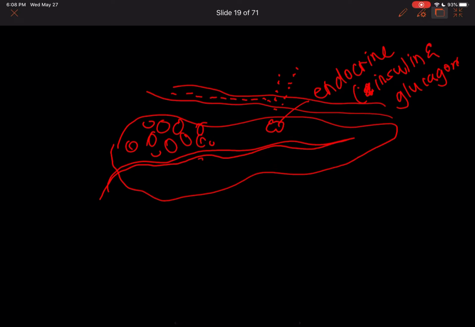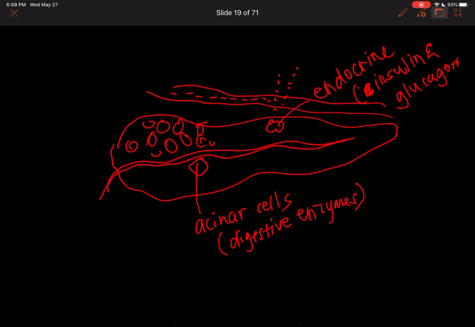Now, there are areas within the pancreas that are called acinar cells. And those release, for example, I'm just going to call it digestive enzymes for now. But there are proteases, for digesting proteins, and nucleases for digesting nucleic acid. But just know them as digestive enzymes for now. You don't need to know the specifics. And they will get released into this pancreatic duct right there. This whole thing is the pancreatic duct.